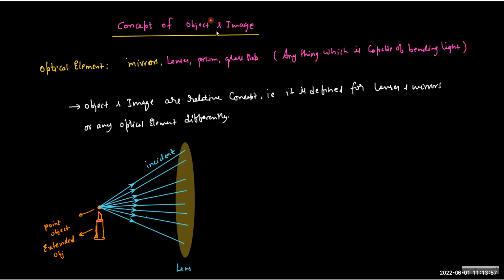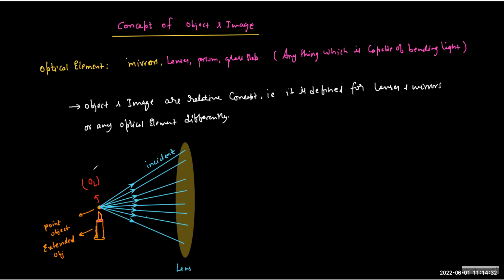So the object is defined by the incident ray, and this is the object for the lens. How do we get the object? By tracing back the incident ray. Understood? Yes. If you are tracing back the incident ray and you are able to get the point of intersection, then you can say the light ray is coming from here.